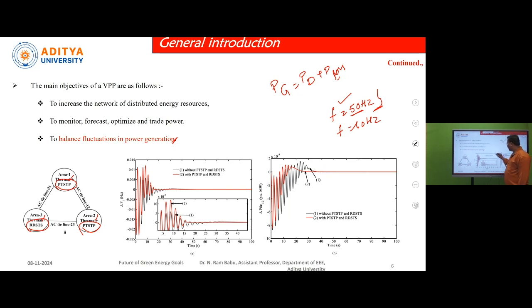So if you observe these graphs, the first one is deviation in frequency and the second one is deviation in tie power. In both the cases, the red color one is with integration of renewable energy sources, whereas the black color one is without renewable energy, that means with thermal system only.